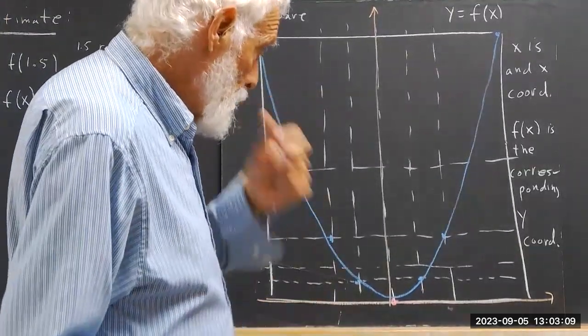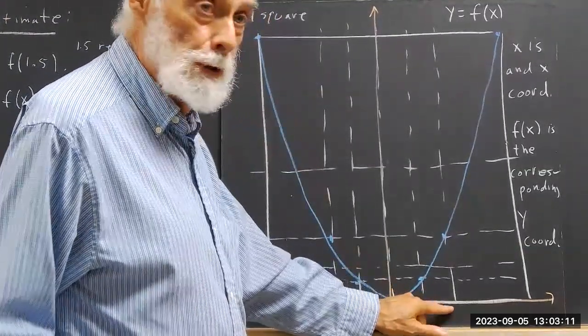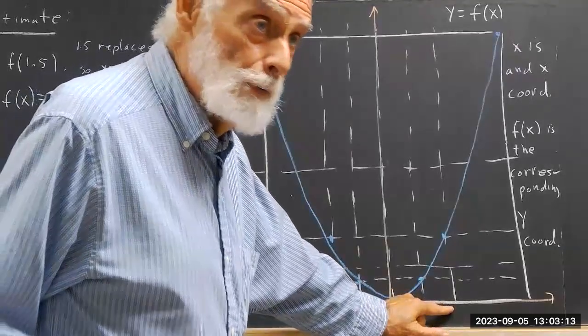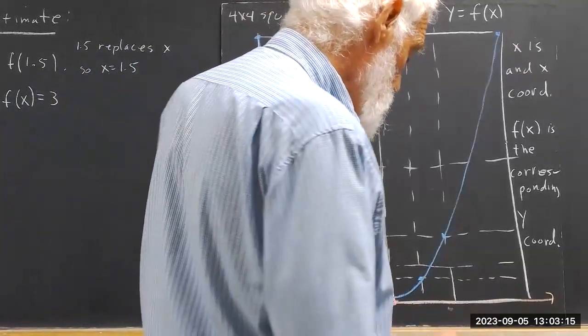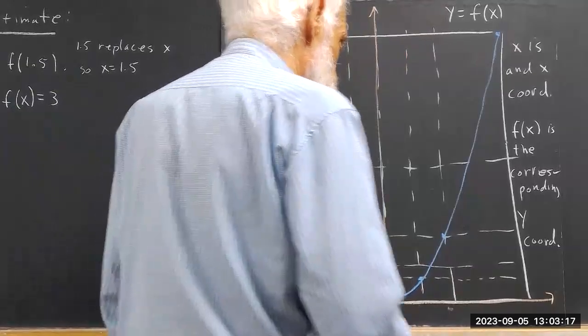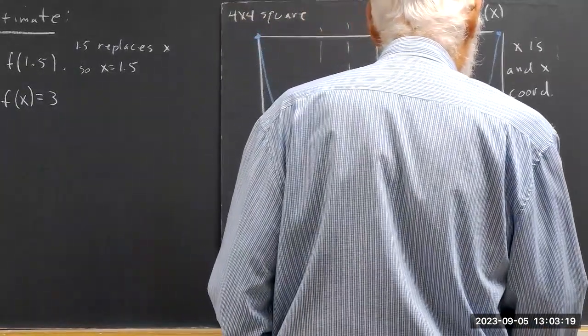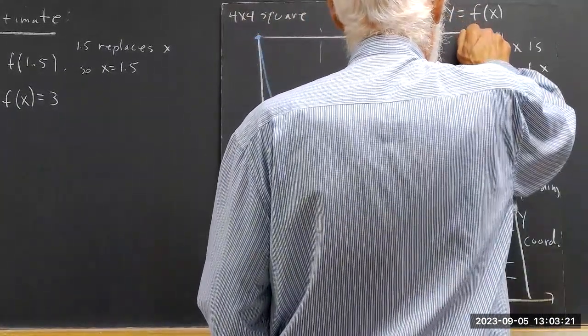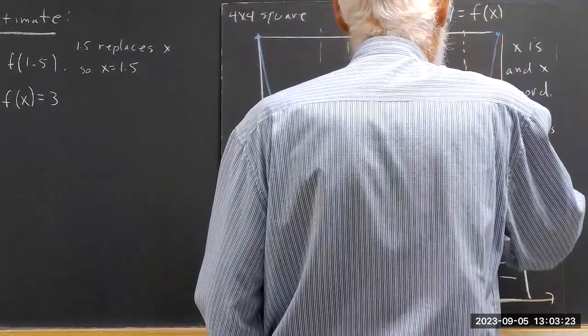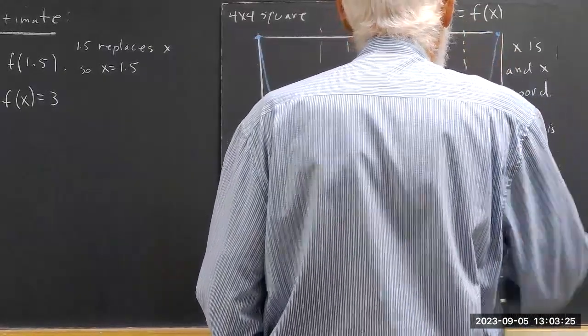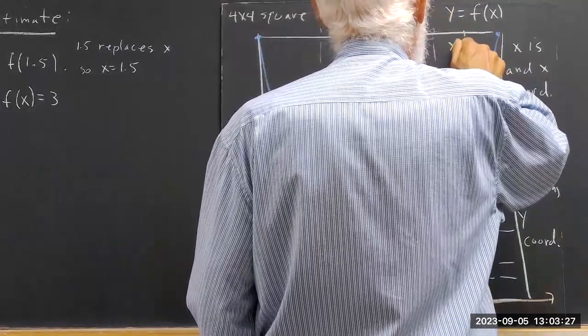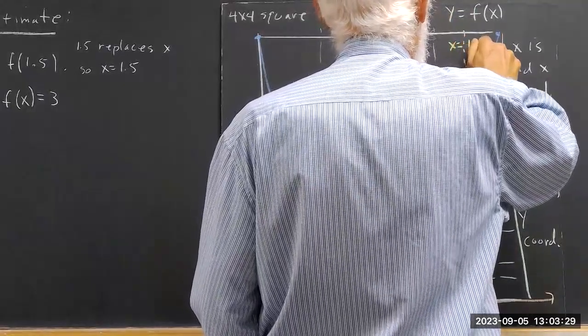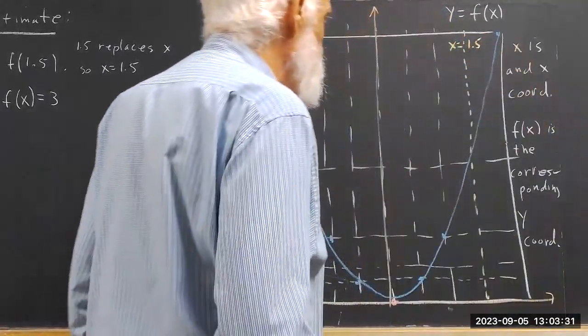Now, so x is a half here, x is 1 here. 1.5 is halfway between 1 and 2. So now we can pretty securely say x is about 1.5 here. And I'll draw this line as a dotted line. And I'll label it x equals 1.5. Okay.